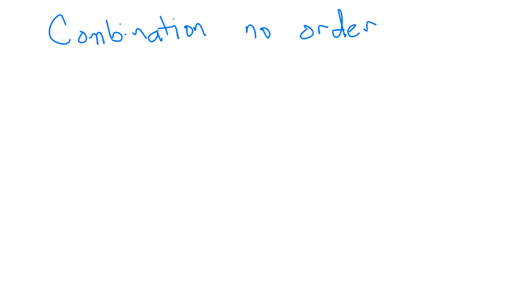While we're talking, let me do a combination since I'm here. Again, please chat your question or just interrupt if you have a question. A combination is no order. So let's say you have 9 things and you want to choose 2 of them. This is not fill in the blank.